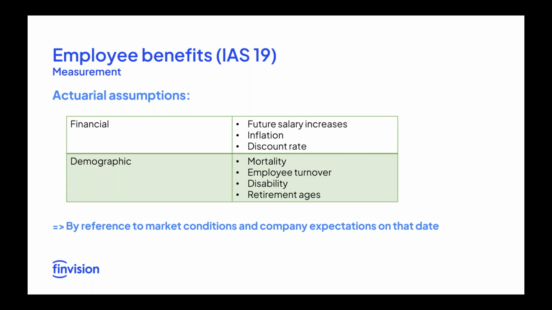So if you look at the assumptions, that's where you may challenge the actuary. It's very difficult to challenge the mathematical calculation, but with the assumptions, you can challenge the actuary. It is something the auditor will preferably look at before the calculations are made.